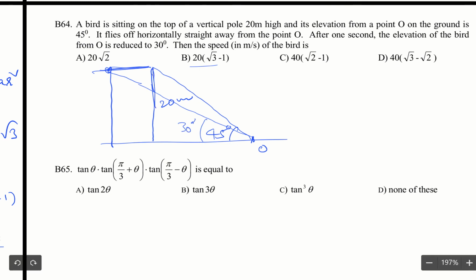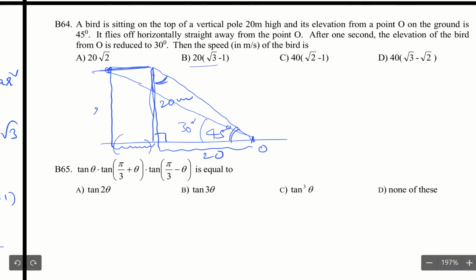So it is obvious that this is 90, this is 45, so this is also 45. You have an isosceles triangle, therefore this is 20. And this is the distance traveled by the bird in 1 second. So speed of the bird means basically he asked for this distance only, directly. That's the magnitude.